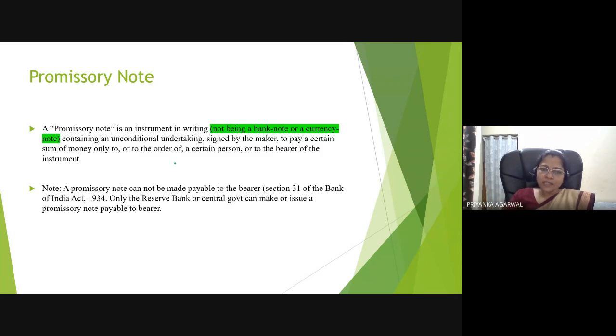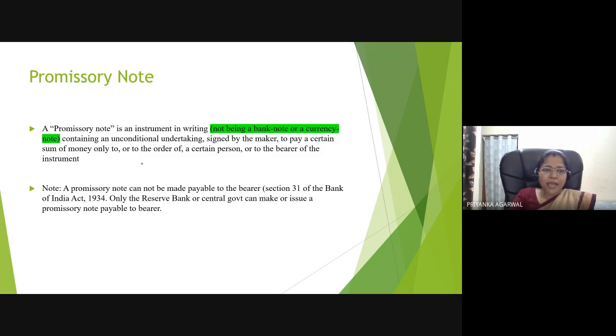Okay, so the person who is holding that instrument can show that instrument to the maker and receive that amount. So endorsement and delivery is still possible, right? So there can be a number of persons.